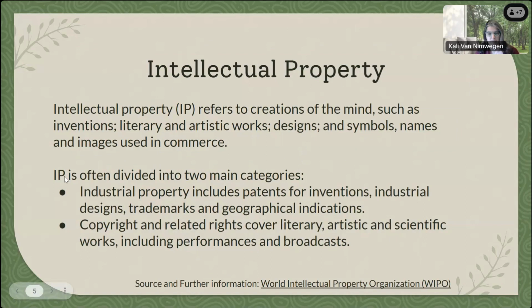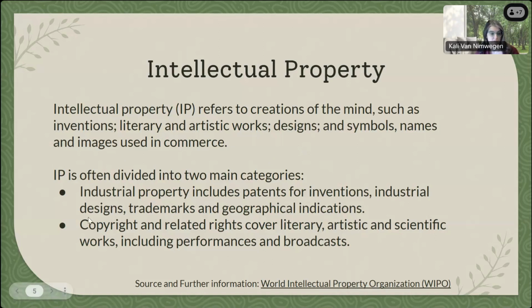IP is often divided into two main categories. The first one is the one that we don't usually talk about in this context, but it comes up very frequently in other contexts: industrial property, patents, designs, trademarks, geographical indications, and that sort of thing.